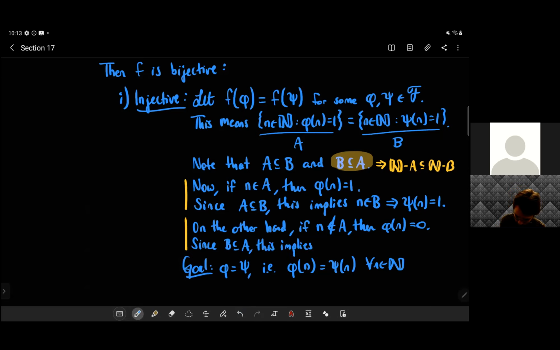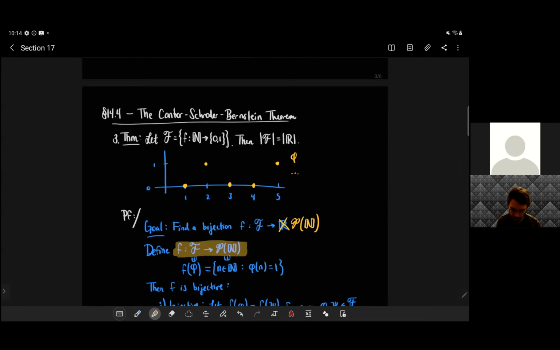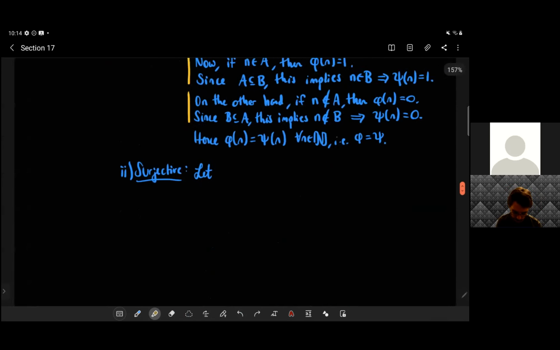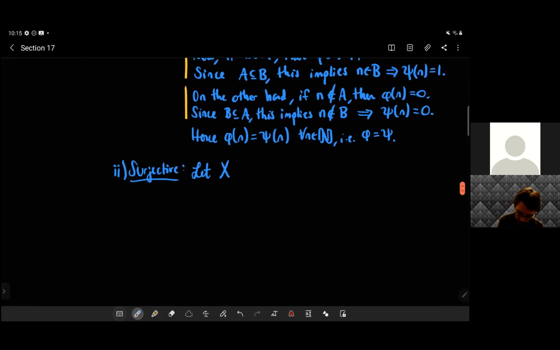Surjective is super quick comparatively, so I might as well finish it off. Surjectivity means, well, recall where our function is mapping. F is mapping to the power set of N. So we're going to pick some element of the power set of N. I call it x, why not?